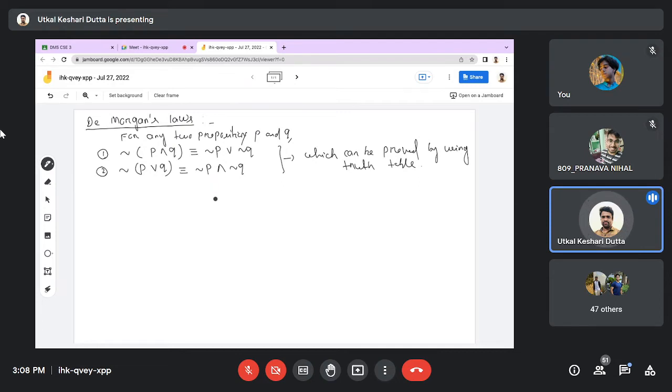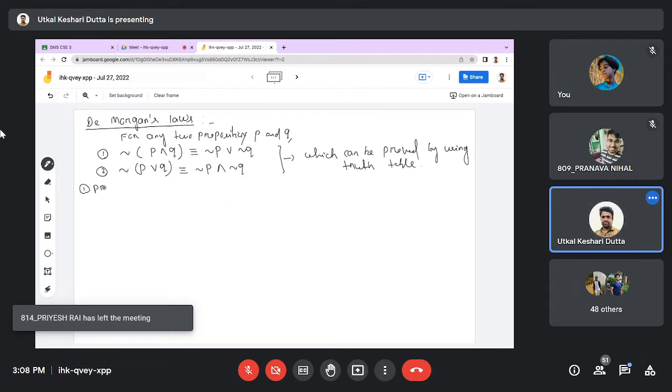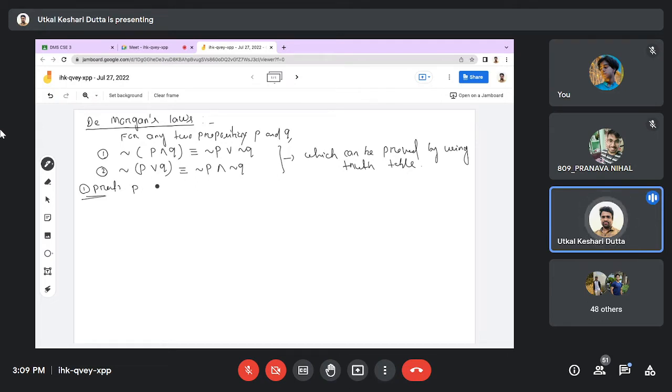If the truth columns for the compound propositions are the same or identical, then they are equivalent. That is the definition. I will go through the proof of one using a truth table. P and Q are the given propositions.